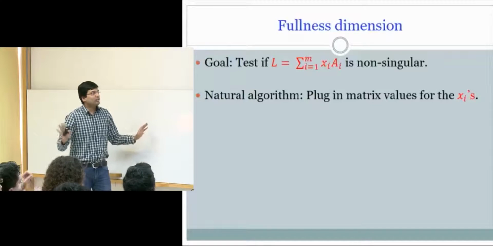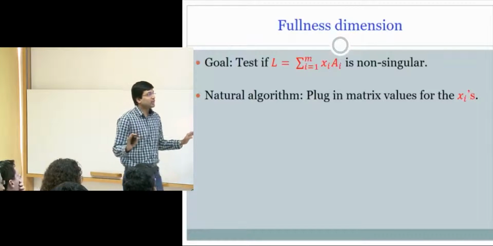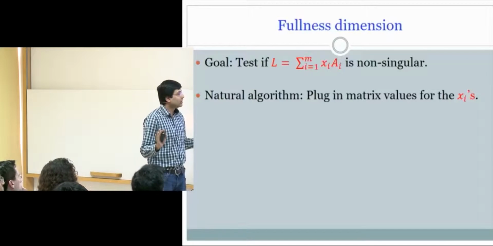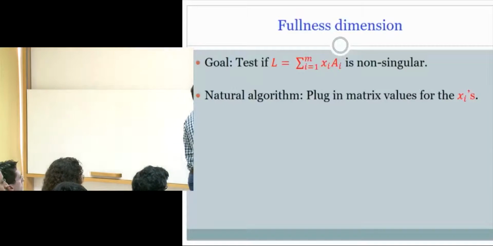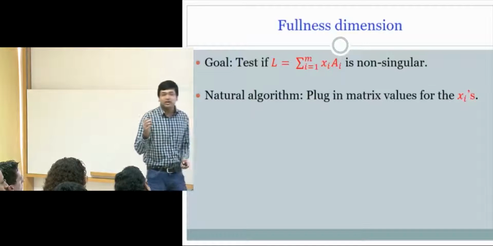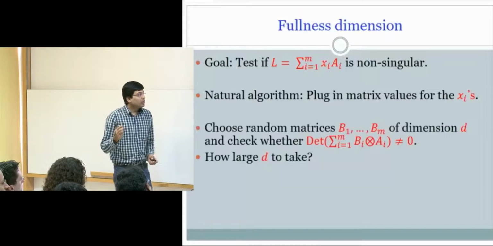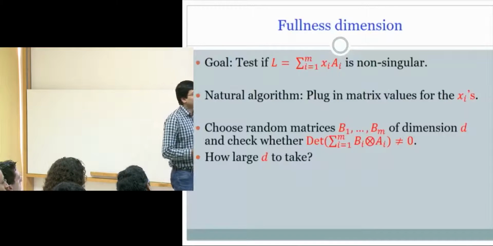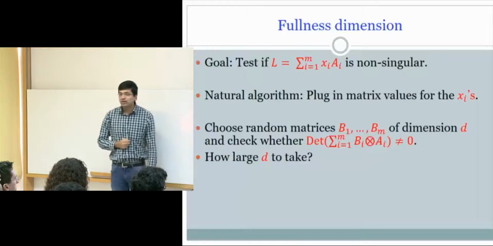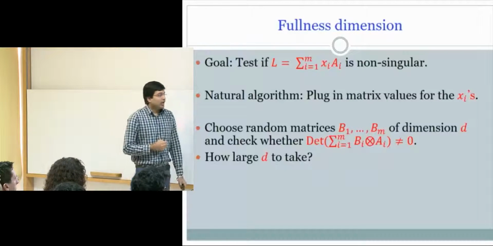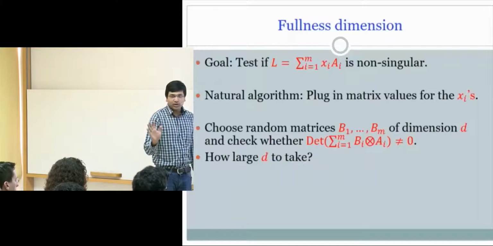Okay. So going back to our goal. Our goal was to test if this matrix summation xi ai is singular or non-singular. A natural algorithm for this is you plug in matrix values for these non-commuting variables xi. So you choose random matrices b1 to bm of dimension d and check whether the determinant of summation bi tensor ai is non-zero. And this actually works fine.